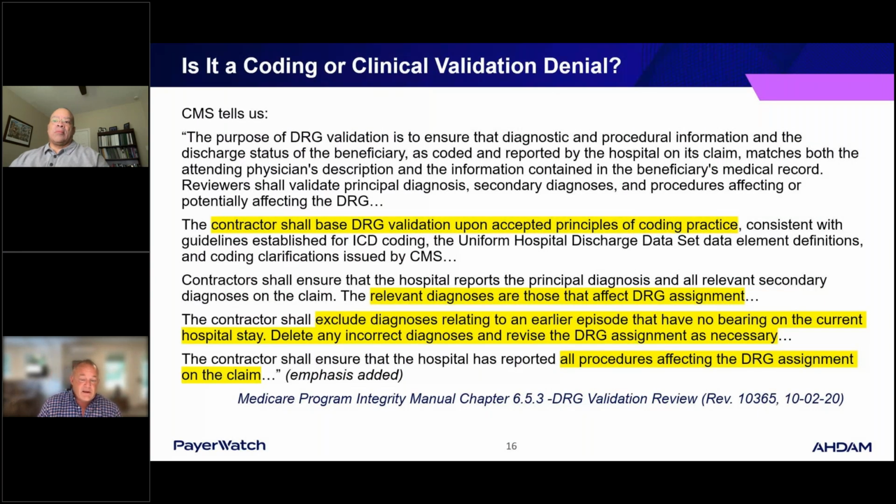This is what gave rise to the current industry of clinical validation. Relevant diagnoses are those that affect DRG assignment, which is why these focus on CCs and MCCs. The contractor shall exclude diagnoses relating to an earlier episode having no bearing on the current hospital stay. So this is really the scope of work and what led to the current clinical validation audit environment.